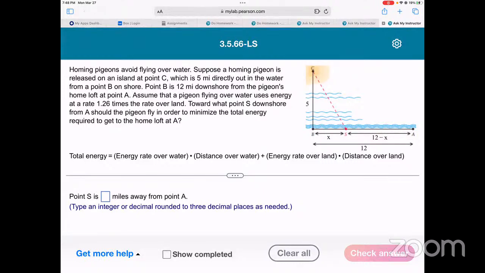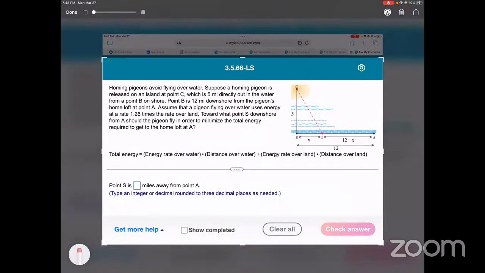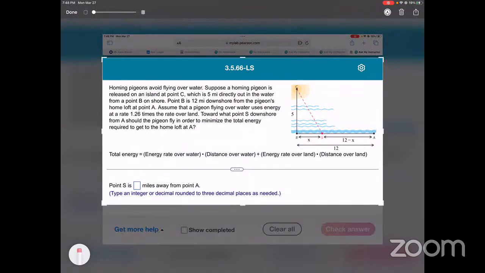Okay, so let's take some notes here. Get a screenshot right here. This is fine. Let's copy and delete.